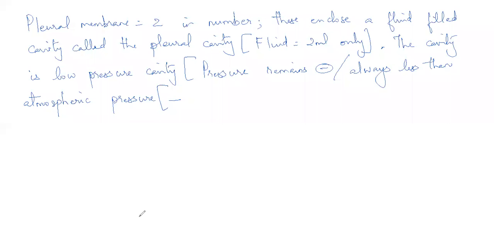The average value of the pressure is minus 4 mm, and the range is usually minus 3 to minus 6.